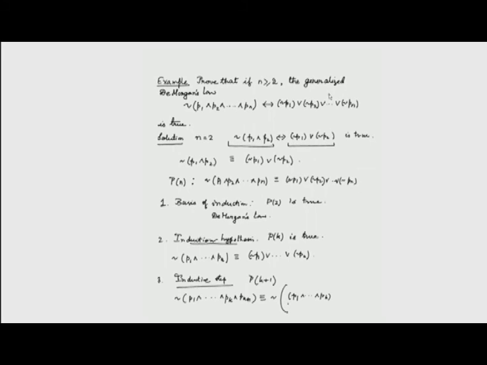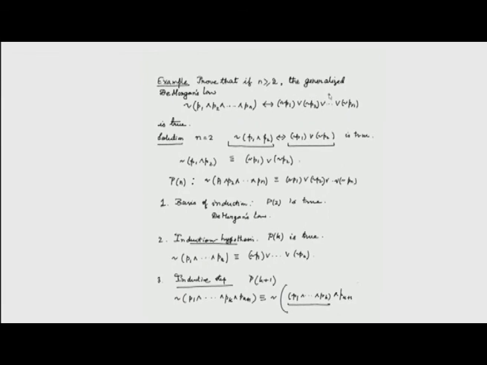We can put a bracket enclosing P1 up to Pk, because after all we know that and is associative, and then we put and Pk plus 1.